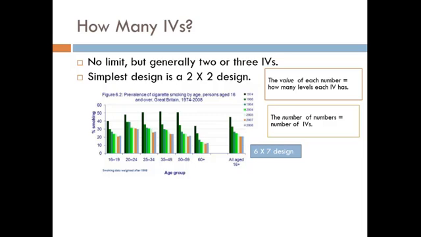Well, there's a 6 and there's a 7. So that's 2 numbers, right? So that means we've got 2 independent variables. One of them has 6 levels, the other one has 7 levels.